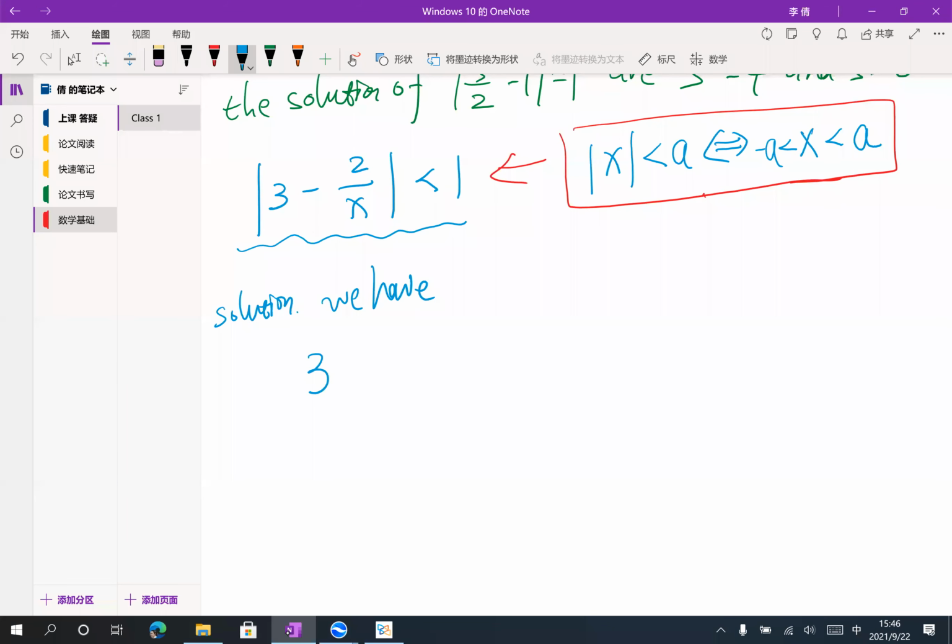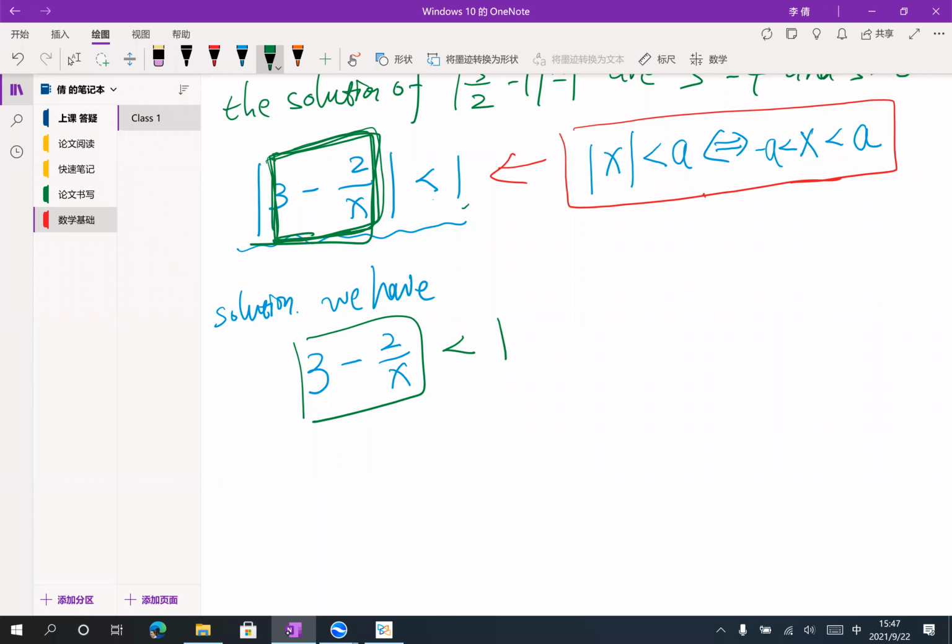We have 3 minus 2 over x. From this, we can say the absolute value of this is smaller than 1, right? So this will be smaller than 1 and larger than minus 1.